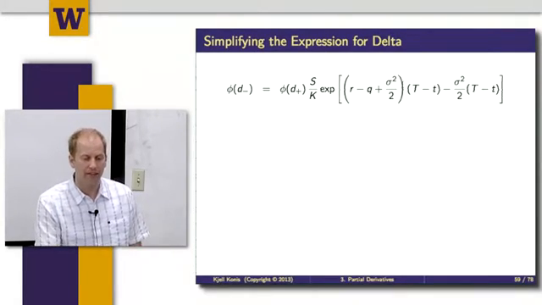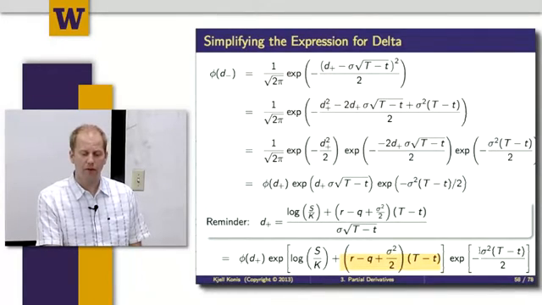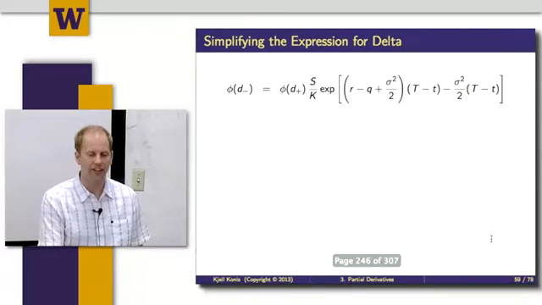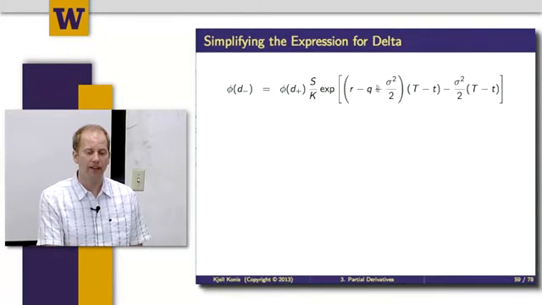But now look what's happened. This sigma squared T minus t over 2 that I've been carrying down the right side of my calculation, I have a plus sigma squared over 2 times T minus t minus sigma squared over 2 times T minus t. So all of that's going to cancel out, and I'm just going to have r minus q, that quantity, times T minus t left.